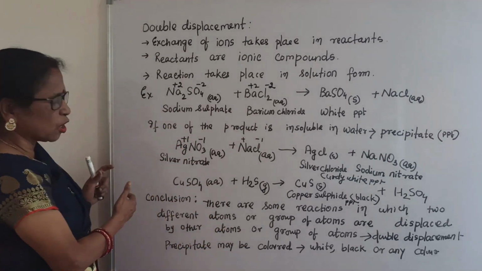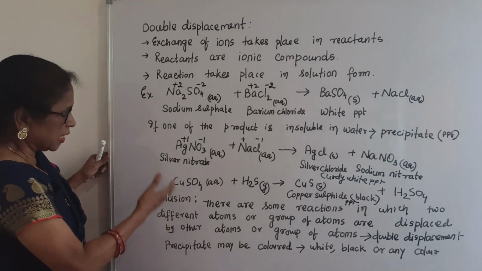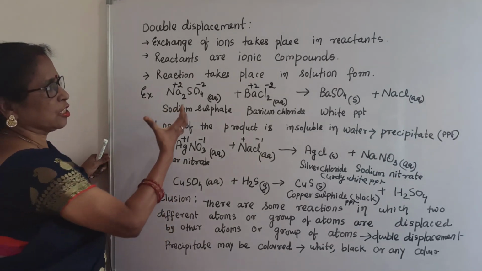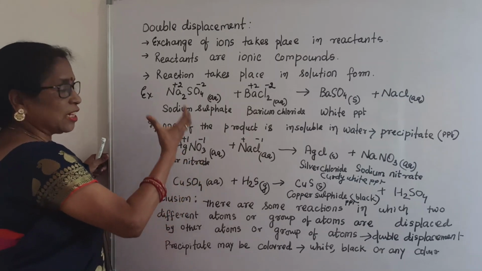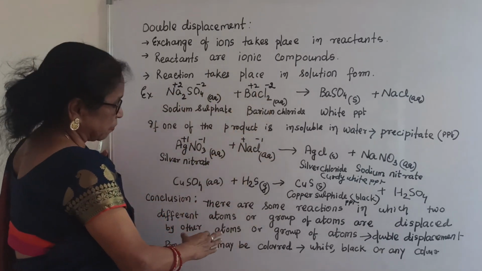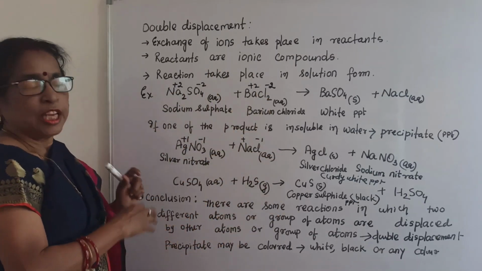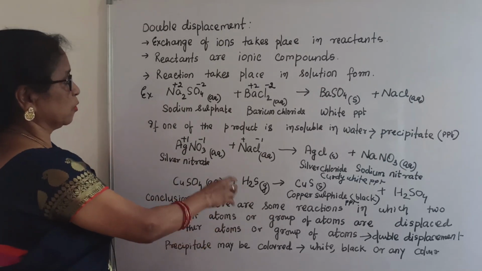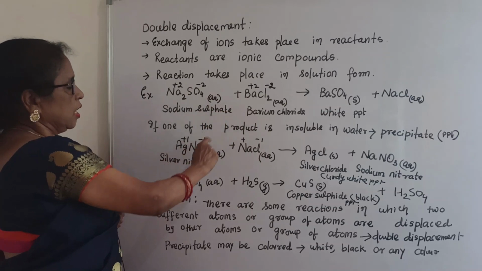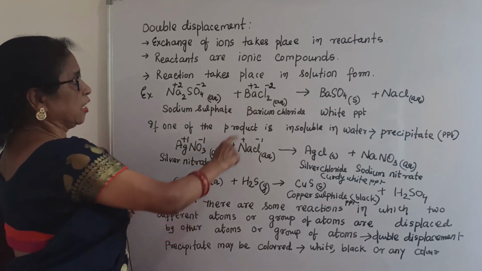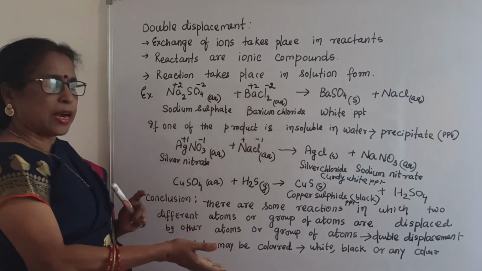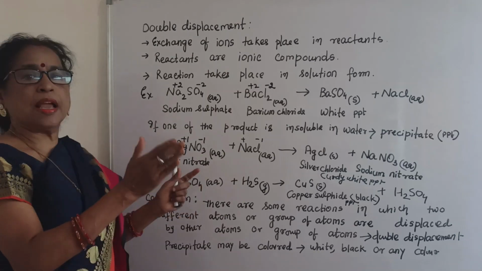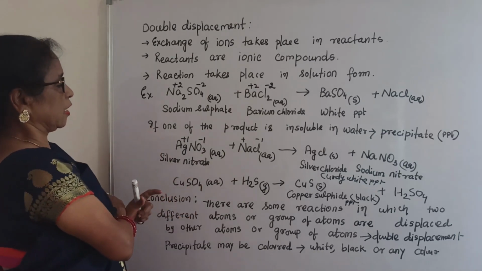So next, come to the conclusion. What is the conclusion? What you understand from this reaction: what is meant by double displacement? There are some reactions in which two different atoms or groups of atoms, see groups of atoms like SO4, NO3, atoms simply like Cl, will be displaced by other atoms or groups of atoms.